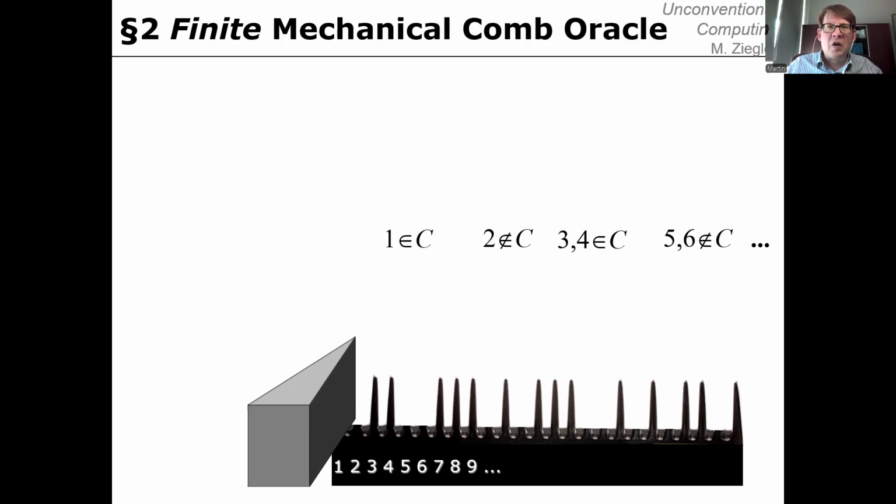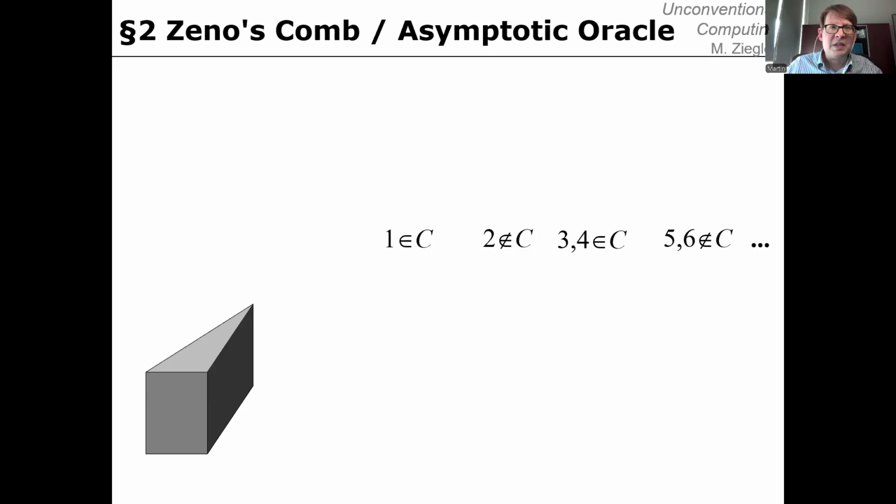So now we proceed to a comb with infinitely many teeth. And this is called Zeno's comb, named after Zeno again. Zeno's comb is a comb with infinitely many teeth or tines, as it's technically called. And this is a case of an asymptotic oracle because of this infinity.